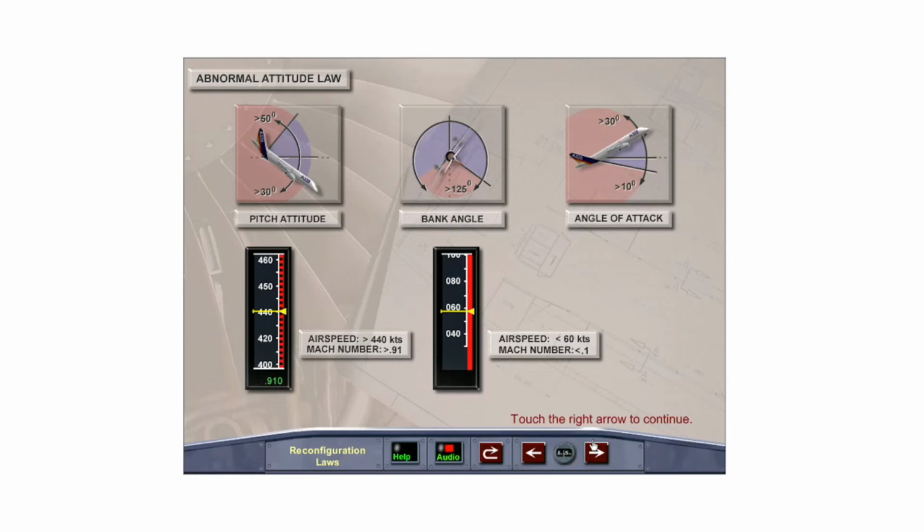The law becomes active when the aircraft exceeds any of the following limits: pitch attitude greater than 50 degrees nose up or 30 degrees nose down, bank angle greater than 125 degrees, angle of attack greater than 30 degrees or less than -10 degrees, airspeed greater than 440 knots or Mach number greater than 0.91, airspeed less than 60 knots or Mach number less than 0.1.